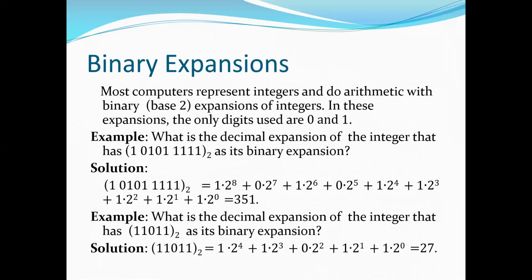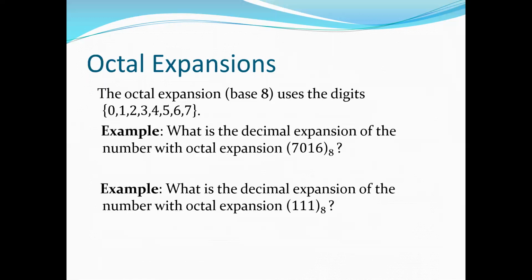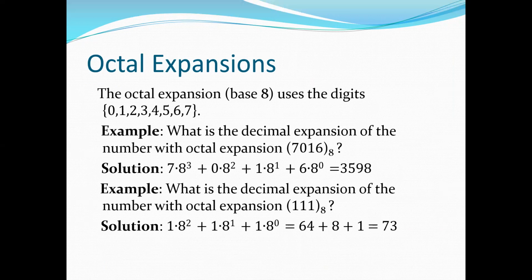That's the logic behind the conversion. And for octal, it's the same. For octal, base 8, the symbols to be used are 0 to 7. If we want to convert, same solution, same process: just multiply each digit by its positional value, then add.